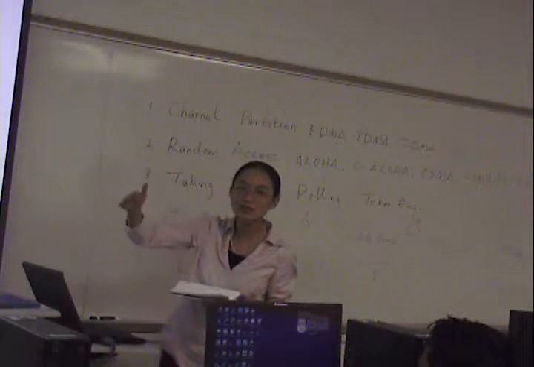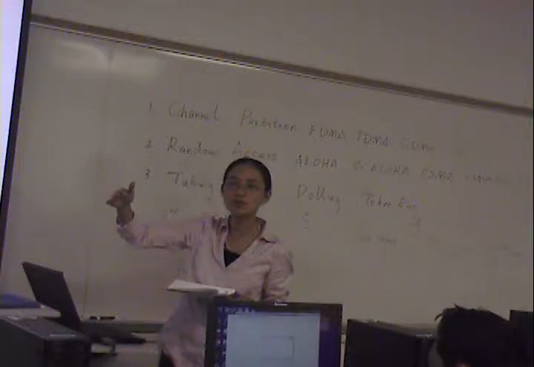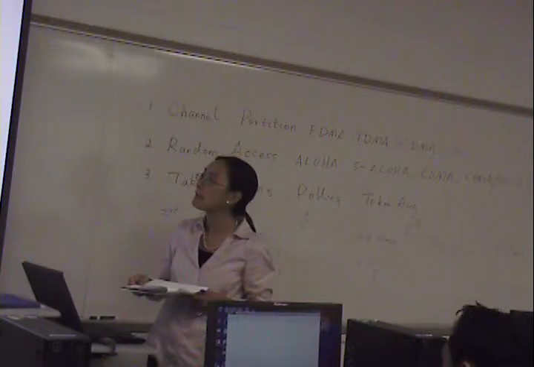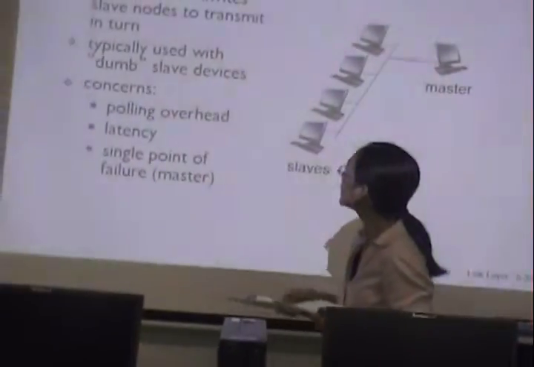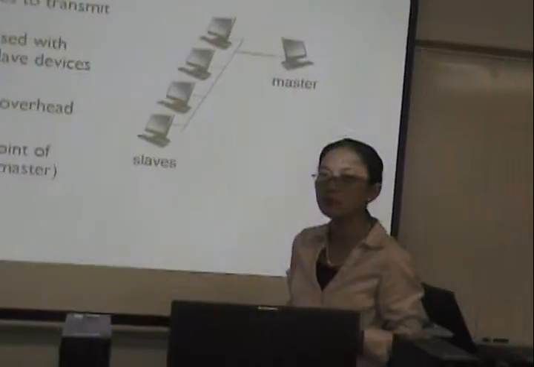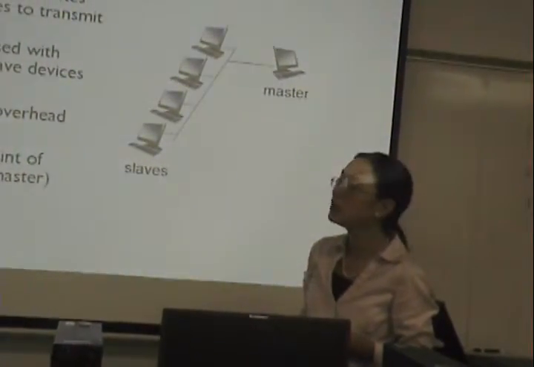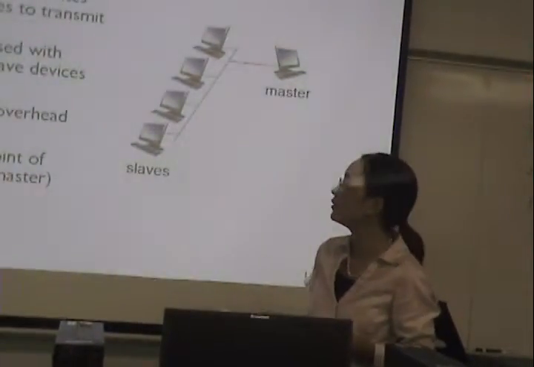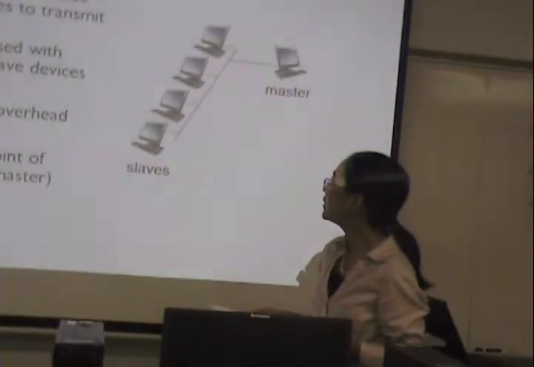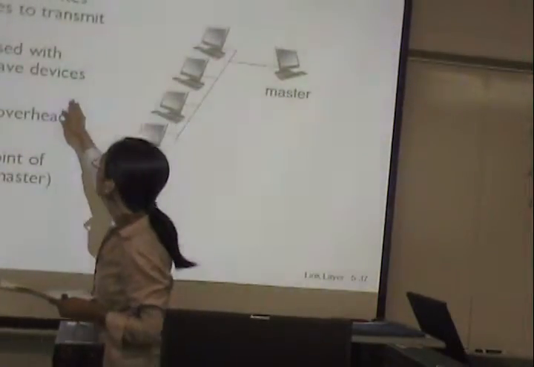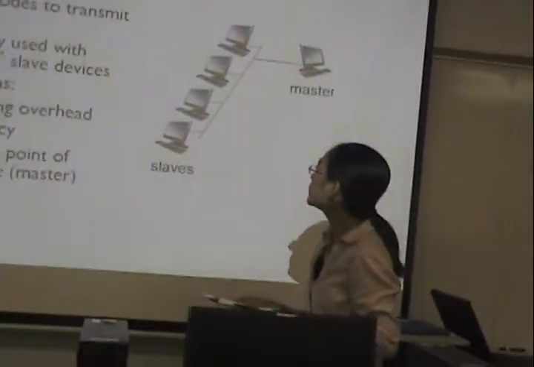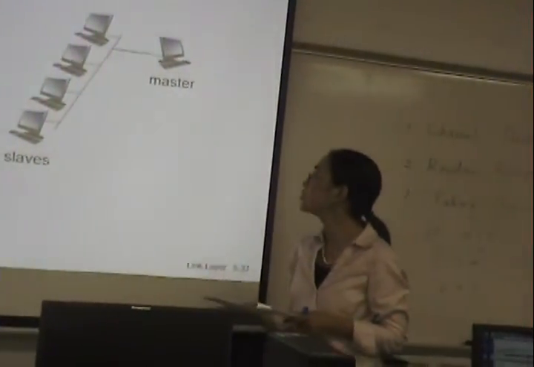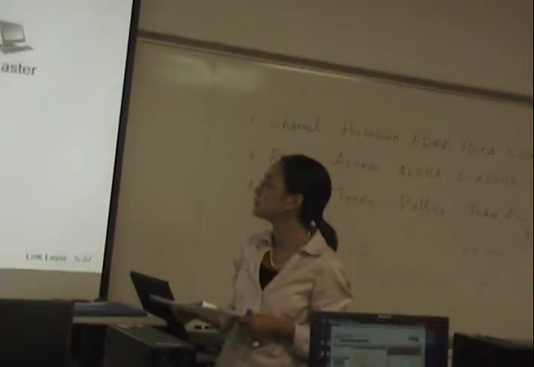If you don't have data, you say no data. So the basic method is summarized here: the master node invites the slave nodes to transmit in turn, in a predetermined order. And the slave is typically dumb, meaning he or she will just follow the master.